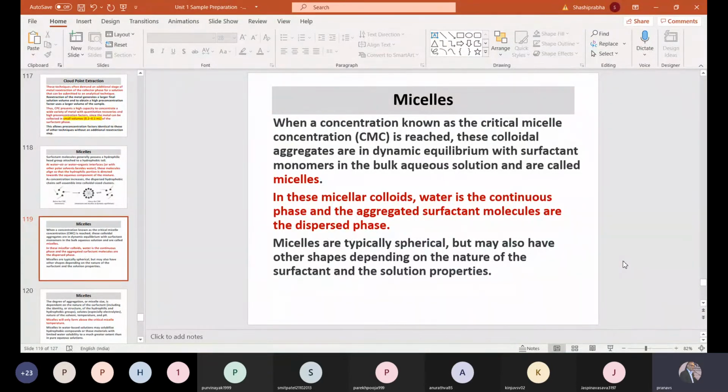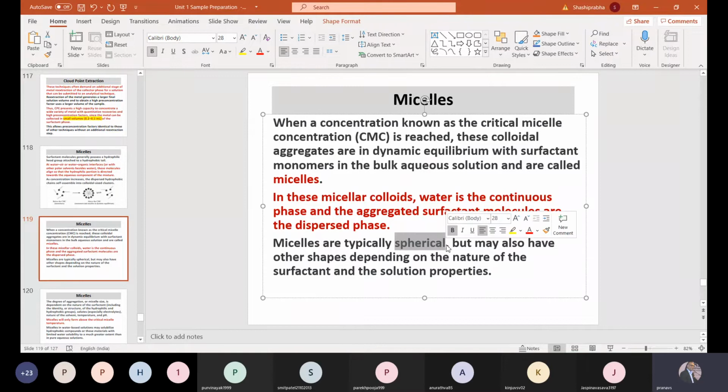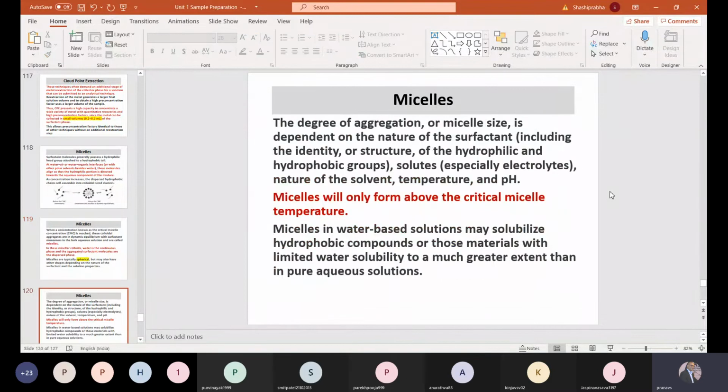If that is reached, and if you just heat the sample for some time, and then you allow it to cool down, you will find two phases. This is as simple as that. Then micelles can be of different shapes, but generally they are spherical in shape. So that is how cloud point extraction works.